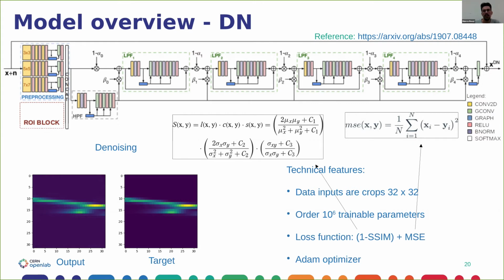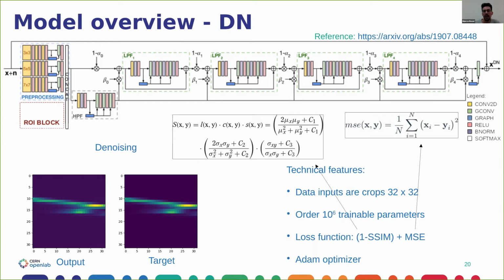So the more the crops are similar in a perceptual way, the higher the structural similarity value computed by this formula. The structural similarity in particular is bounded between -1 and 1. Then taking 1 minus SSIM gives you a positive definite number, where 0 is the perfect score, as we would like to have for loss functions.